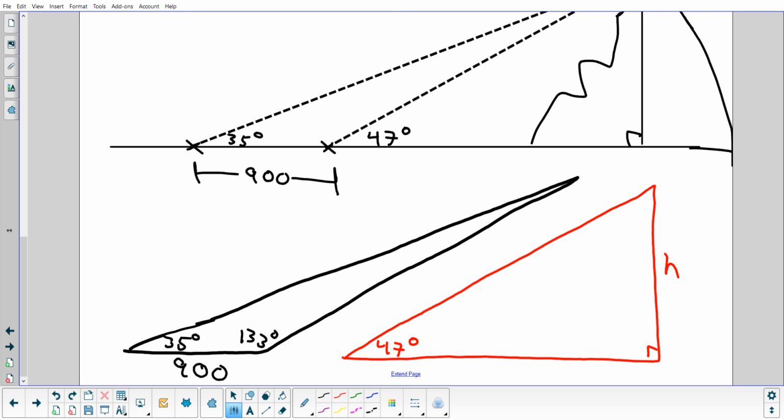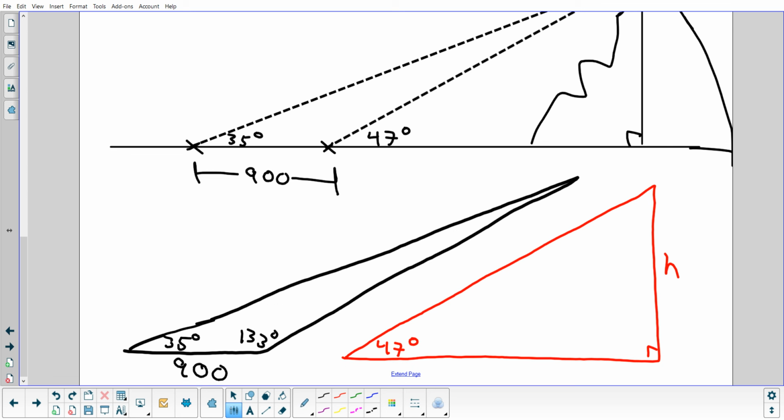Okay. Anything else that I could figure out now? Even if it's not the height, is it just something else I could write down? Yeah. You can figure out the other angle. In which triangle? The red or the black?